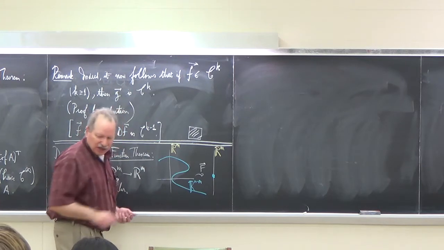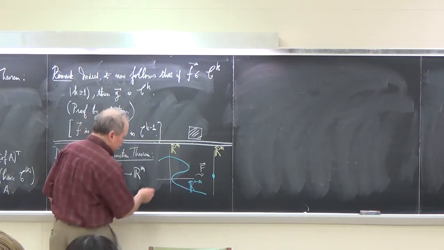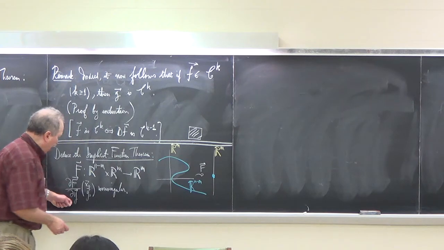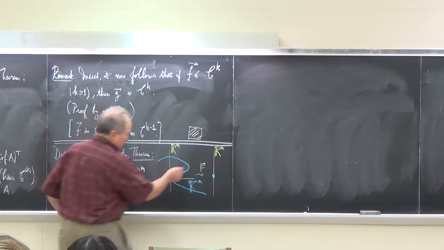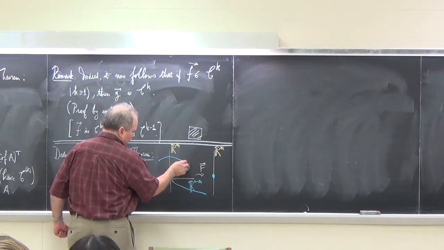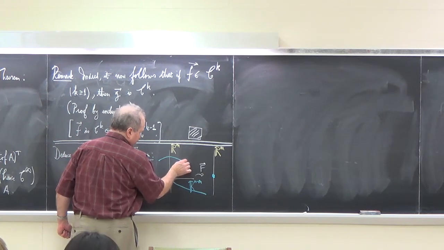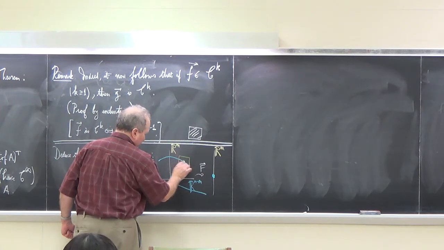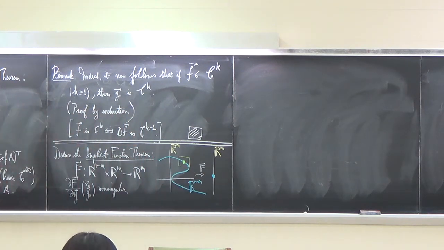And we're taking a point (x naught, y naught), where the partial with respect to y is non-singular. So it's not going to be a point that looks like that, it's going to look like this. And we're saying there's a neighborhood of that where we could write it as a graph. So here's what I'm going to do.